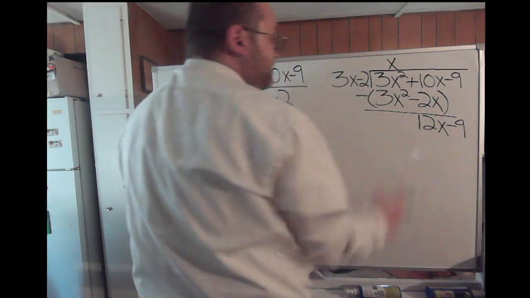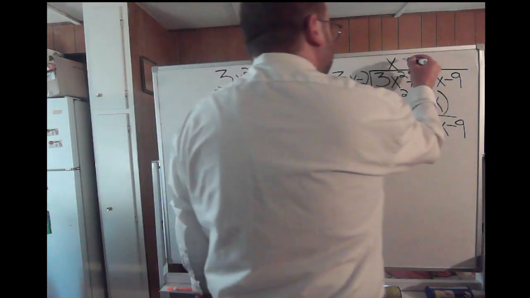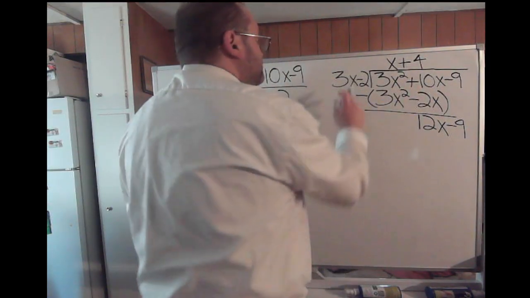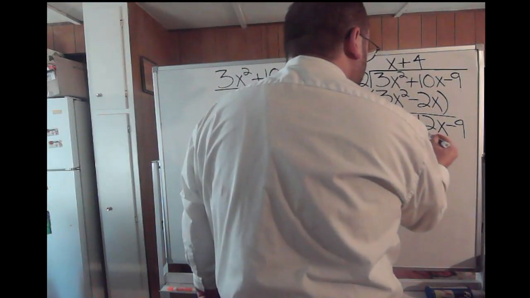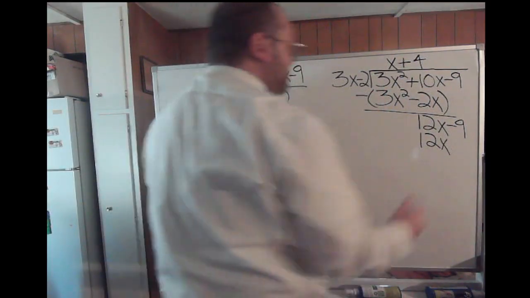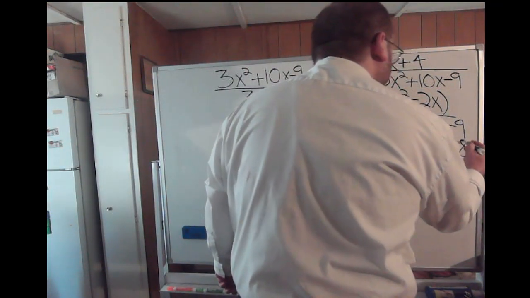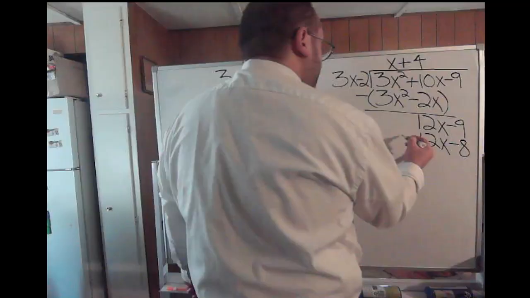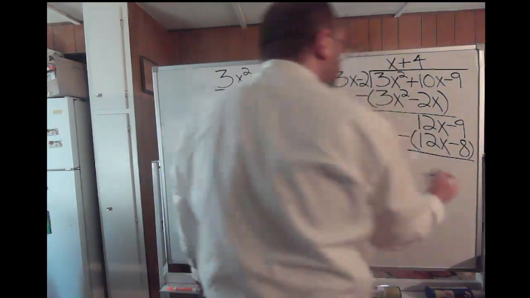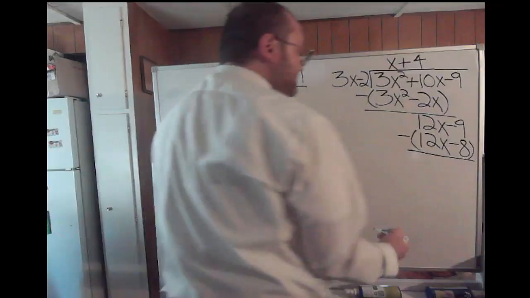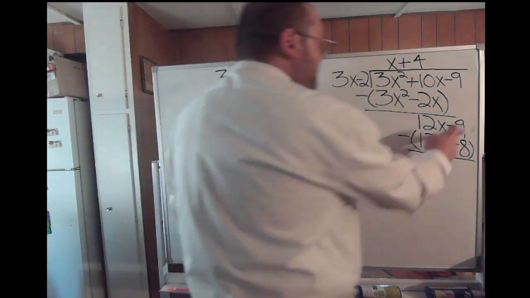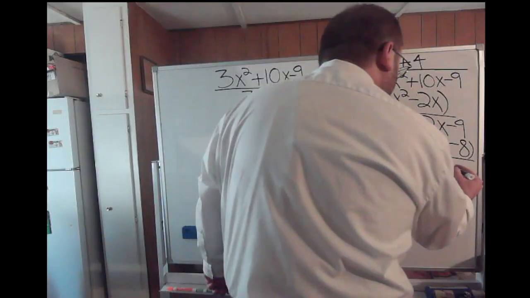3x times what equals 12x? Well, that'd be positive 4. So then 4 times 3x, that's going to be 12x. And then you have 4 times negative 2, that'd be negative 8. Now subtract the quantity of what you just got from the dividend. 12x minus 12x, that's 0. Negative 8, that's positive 8. So negative 9 plus 8, that'd be negative 1.